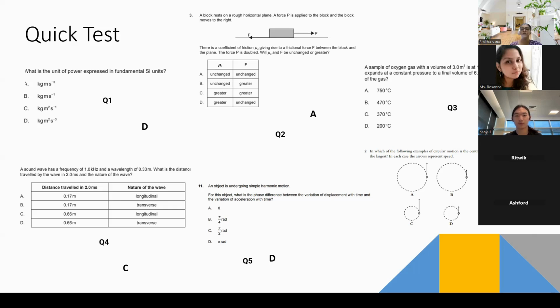Which of the figures shows the highest centripetal acceleration? Try to recollect the formula for centripetal acceleration. How is it affected if radius and velocity vector are shown the way they are? Which figure has the highest centripetal acceleration? Come on.